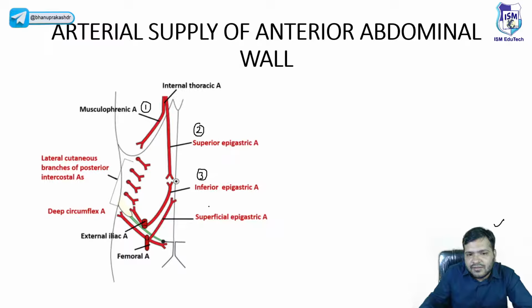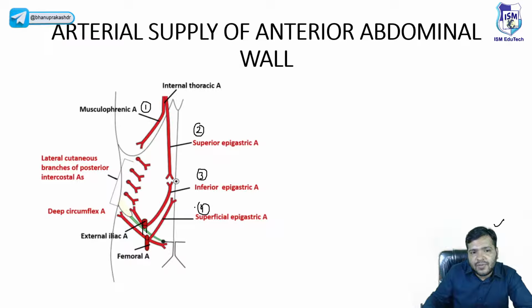Okay, it is coming from the external iliac artery, right? Sorry, it is coming from this femoral artery, right? It is continuation of external iliac artery only. वो थोड़ा तोड़ के दिखाया हुआ है but it is continuation only below the inguinal ligament, right?